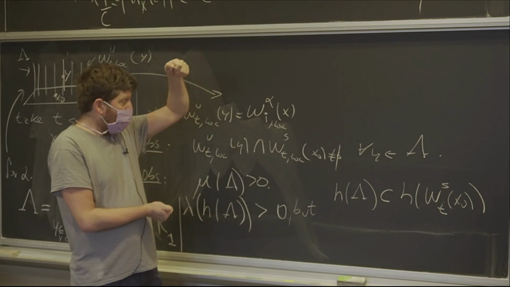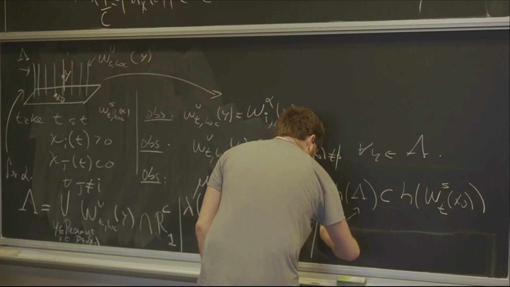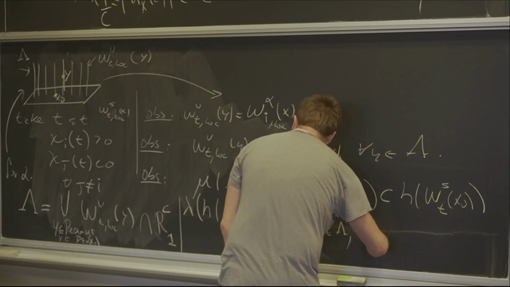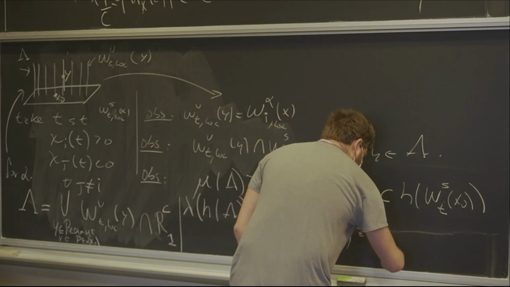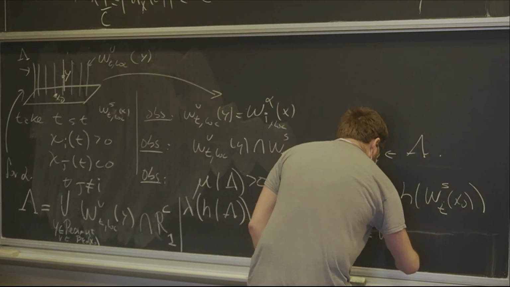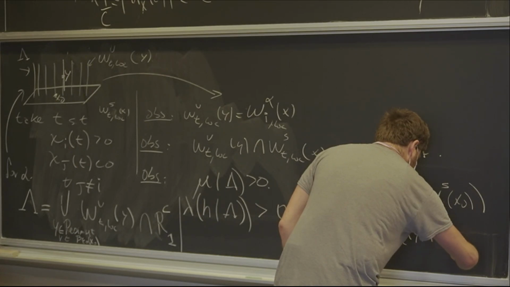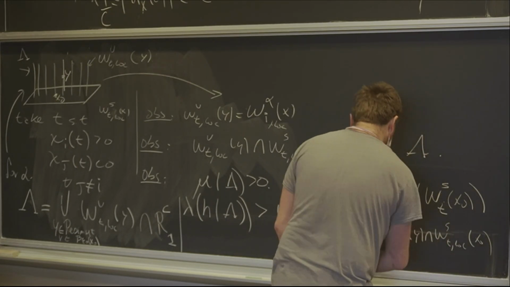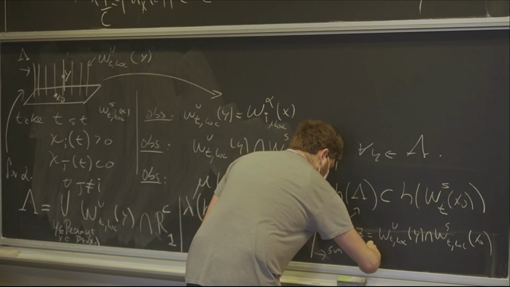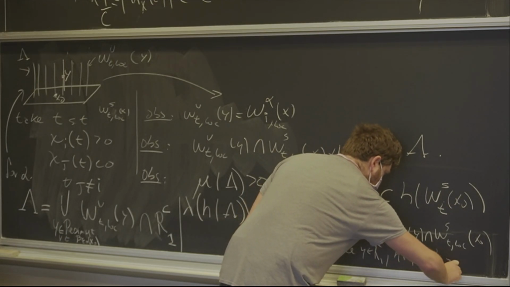So for this, we take y in lambda, take z equals the intersection, this intersecting point, WUT log of y intersect WST log of x naught, and hence, since y belongs to R1 complement, h of y is h of z.